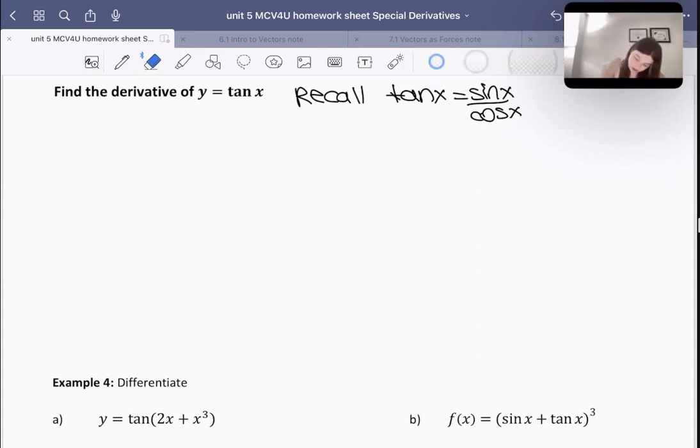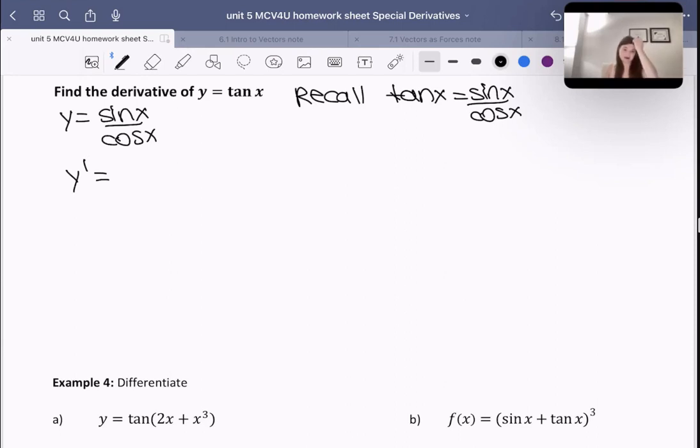So if y is equal to sine x over cosine x, that means that y prime would be the derivative using the quotient rule.